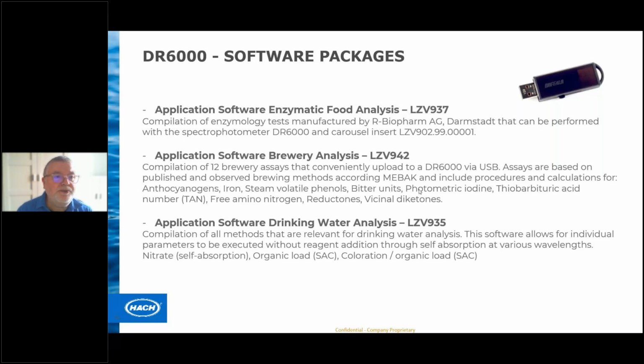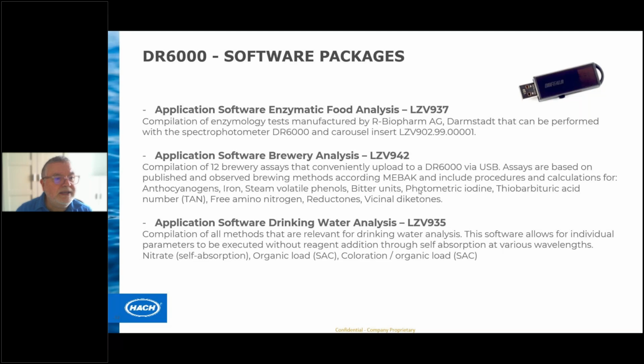We have 3 different software packages. One is for application software enzymatic food analysis. It is a compilation of tests manufactured by Biopharm AG. We have a second package for brewery.